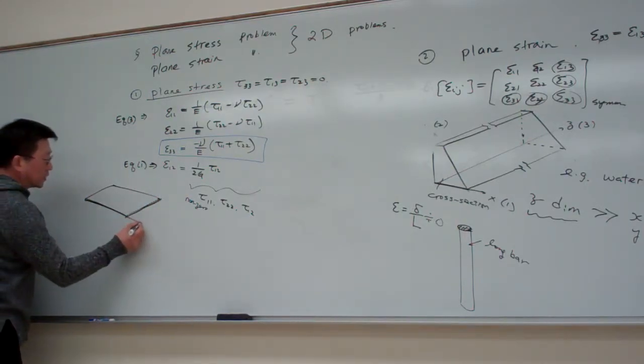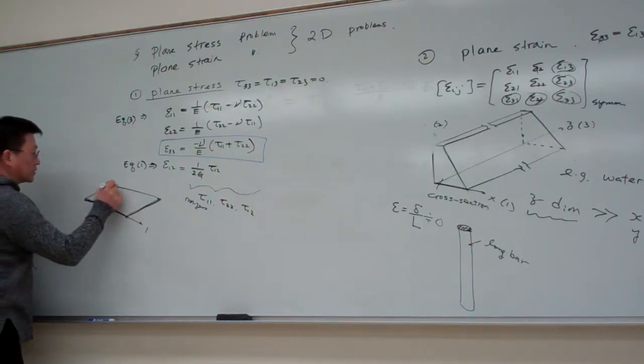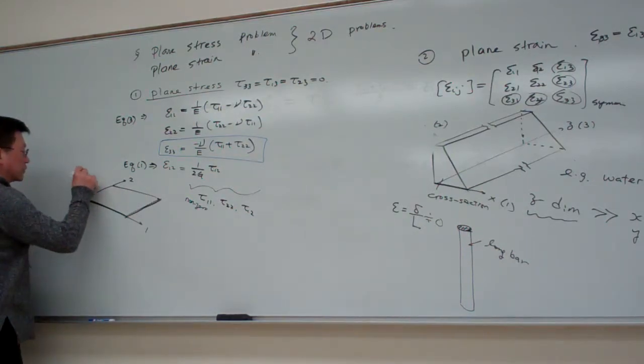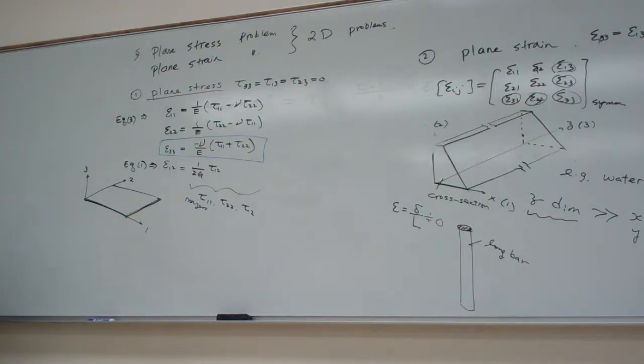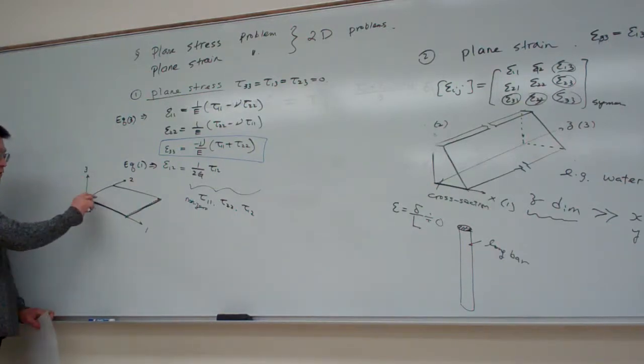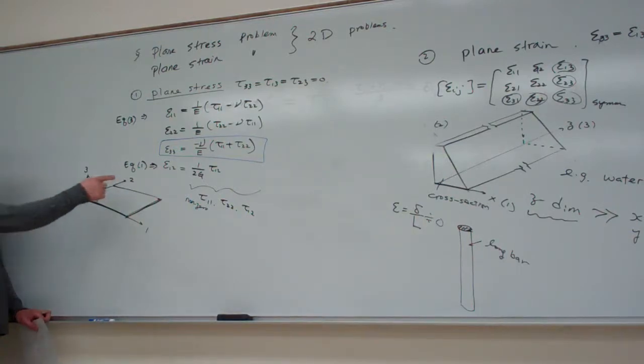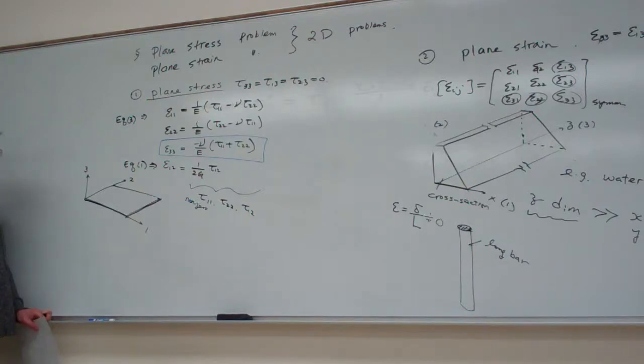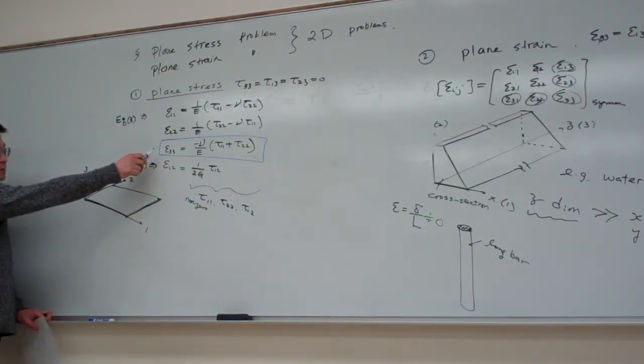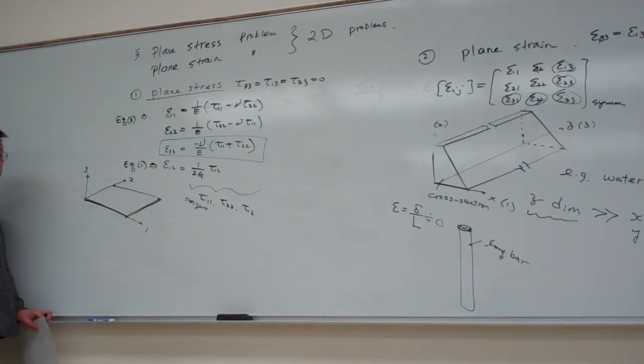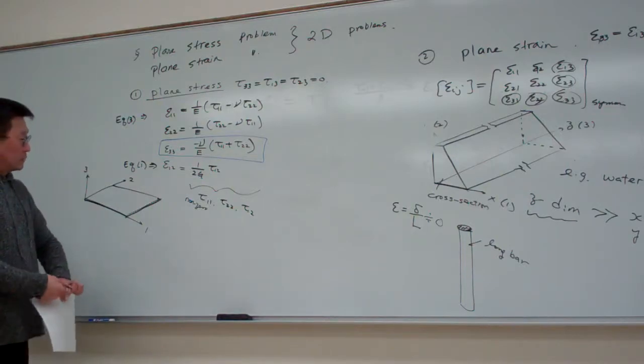So for example, this is the one direction, this is the two direction, this is the three direction. And we said in the three direction, the stress pretty much is zero. However, the strain in the Z direction is not zero. The strain in the three direction is given by this. In general, it's supposed not to be zero. Okay, that is an important concept to this one.